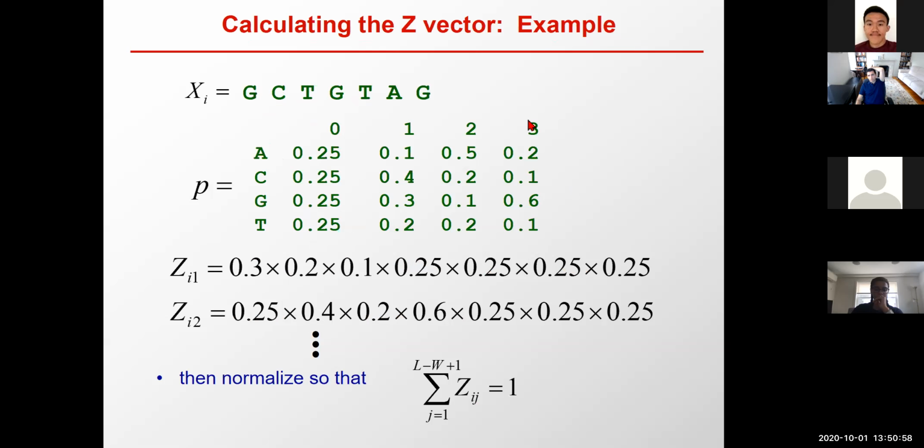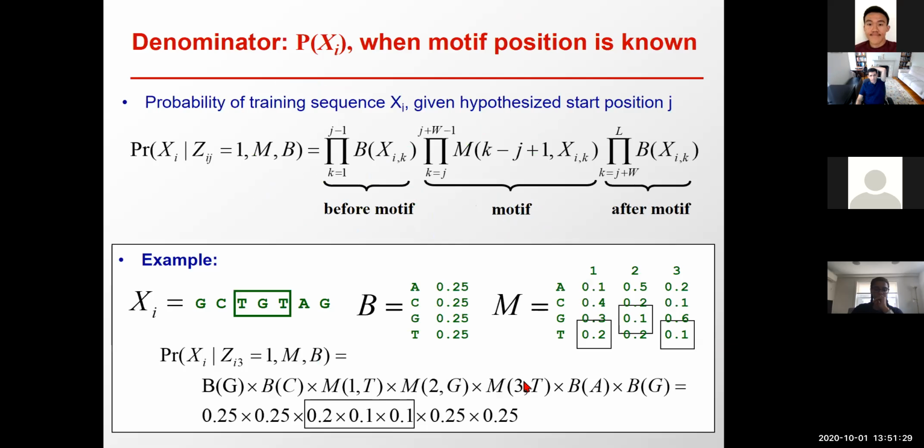And my foreground distribution is this CAG motif. And if I scan this across, CTG is actually a pretty good score for that. So you can see, CTG, the T gives me a low score, but the C and the T give me pretty high scores from the 0.4 and the 0.6. And then of course I normalize. Okay? So that's basically for calculating the Z vector. And then you just scan through across and multiply them out.